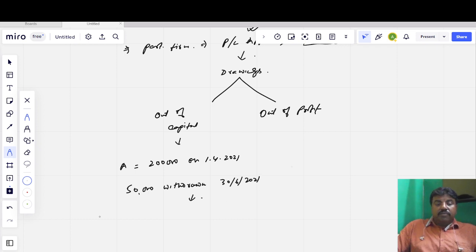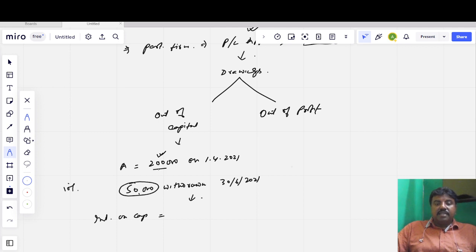Then, when we calculate interest on capital, suppose the rate of interest is 10%, interest on this 2 lakh will be provided for 3 months, that is April, May and June, and thereafter 50,000 is withdrawn from the business.